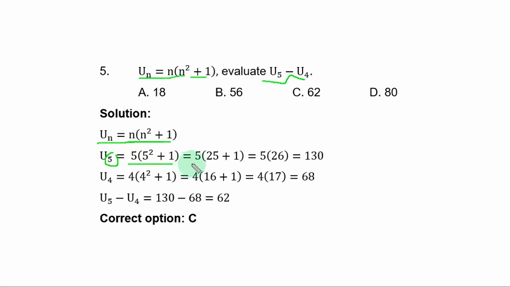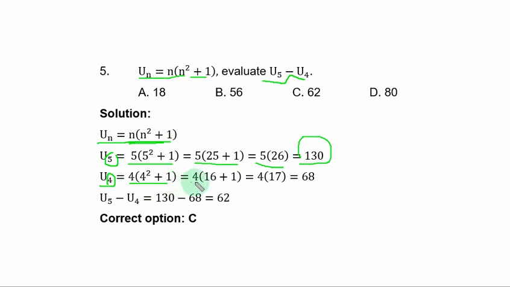That is 5 bracket open, 25 plus 1 bracket close, and you have 5 times 26 equal to 130. U sub 4 means n is equal to 4. You replace n with 4 in the nth term of the sequence, and you have it in this form.